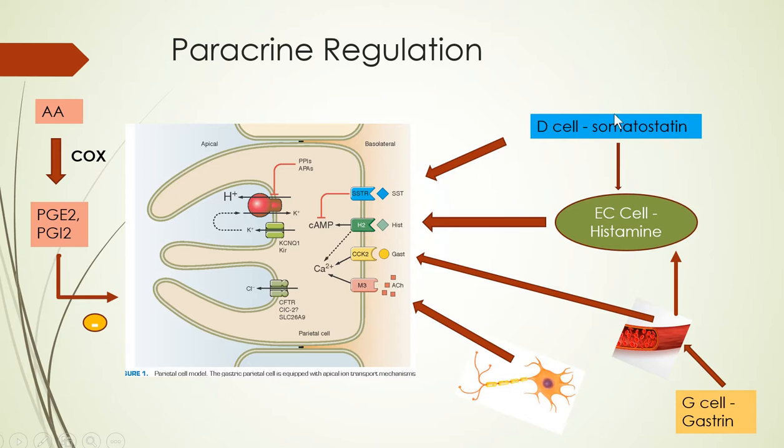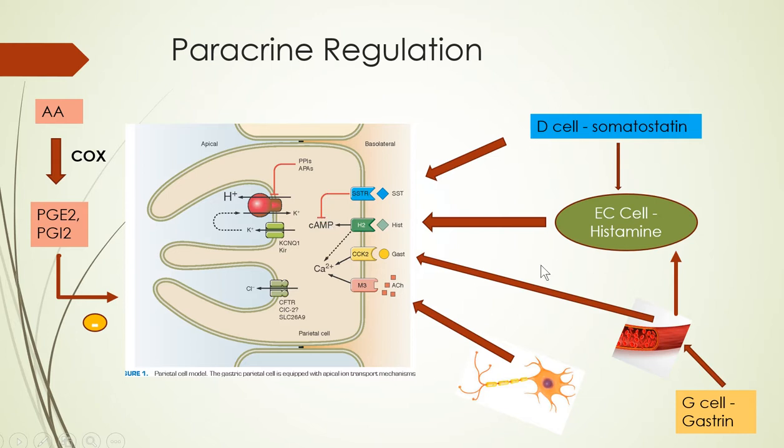Then there are D cells also, somatostatin D cells, which inhibit enterochromaffin cells, and they also inhibit parietal cells, and basically inhibit cyclic AMP formation. So ultimately it inhibits gastric acid secretion. Somatostatin binds to the somatostatin receptor and it decreases gastric acid secretion.